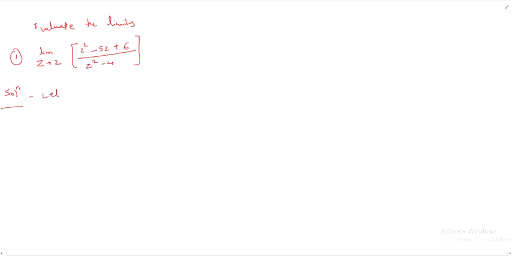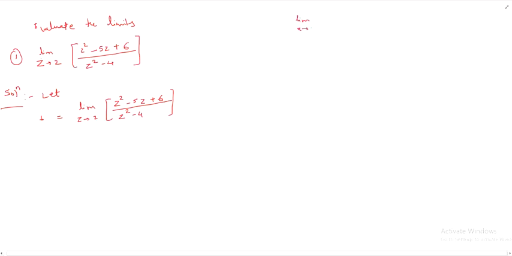Let us consider L is equal to limit z tends to 2 of (z square minus 5z plus 6) upon (z square minus 4). Now as I have told you, first we have to verify the limit of the denominator.